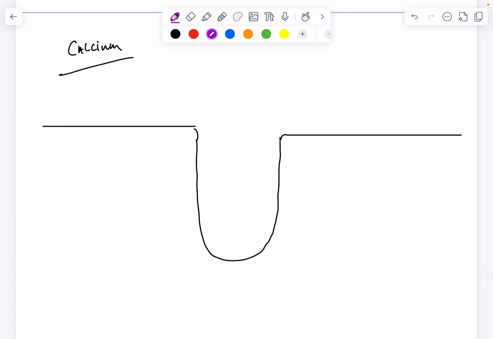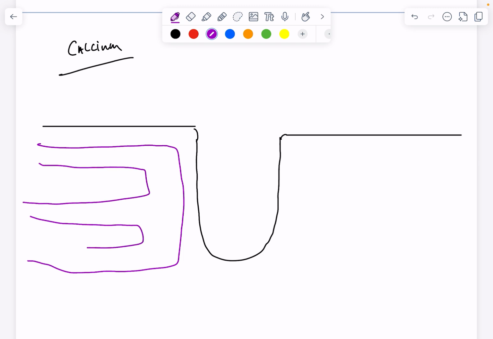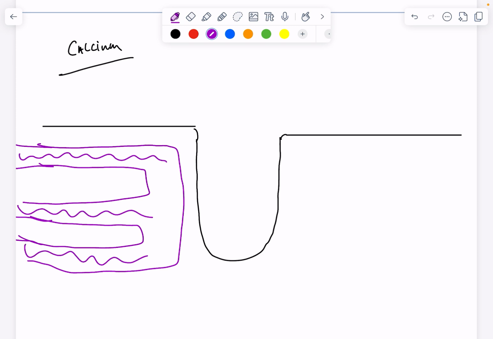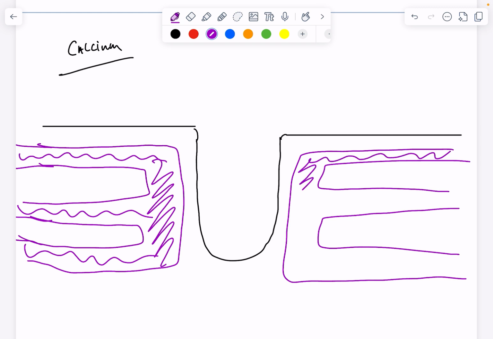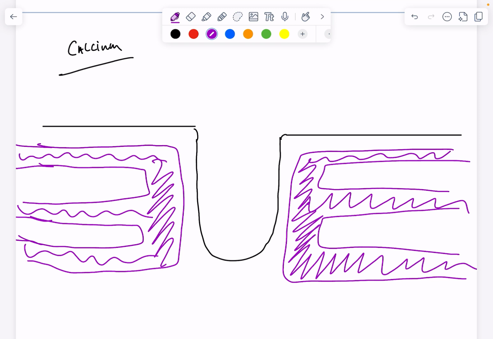Then we're gonna have our little area of sarcoplasmic reticulum, the T tubule, and so on.